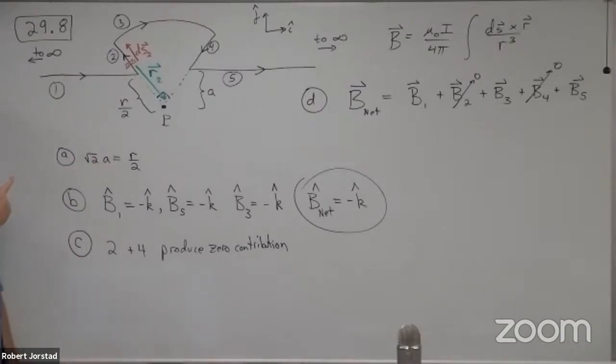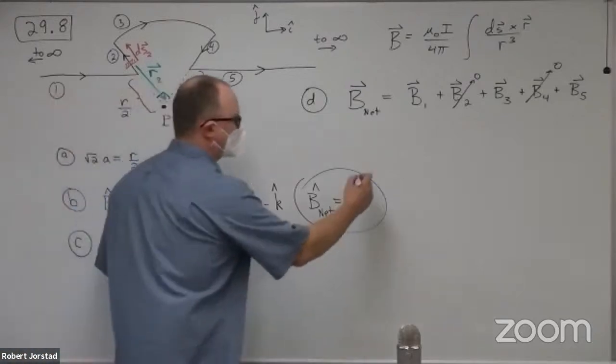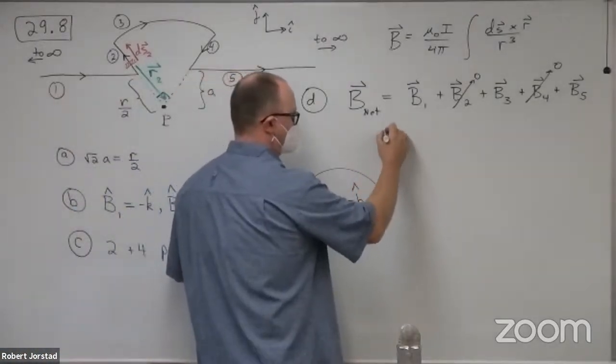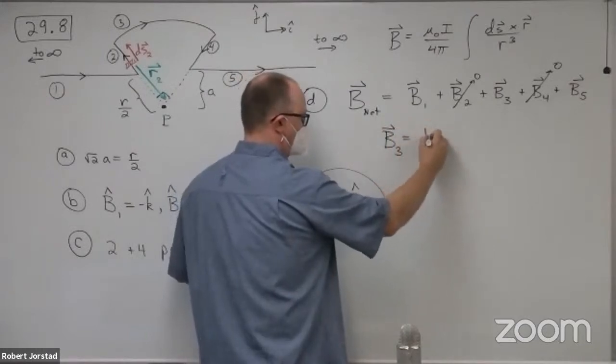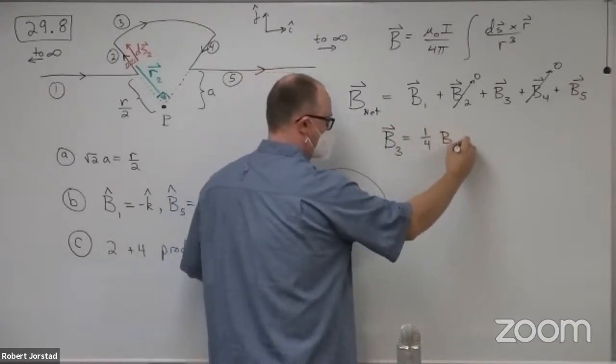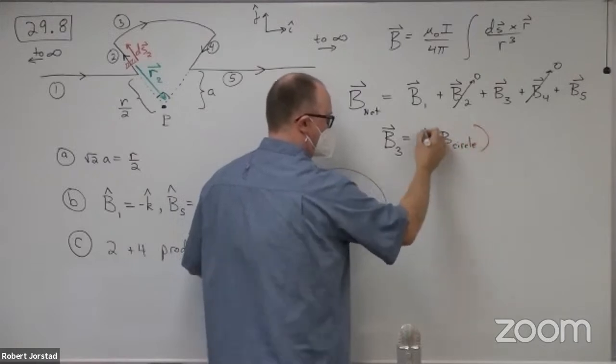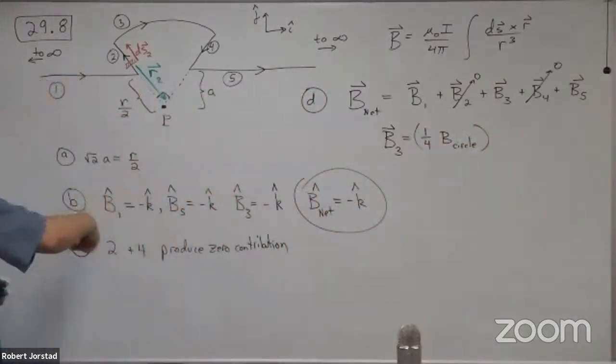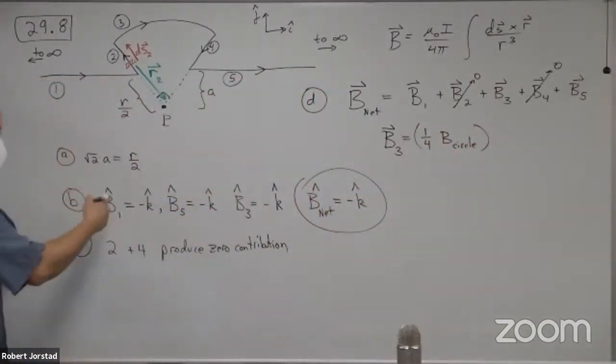No. What was our trick for curved wires? How much of a circle is that? Isn't B3 equal to 1/4 of B circle? And then we know the direction was negative k-hat.